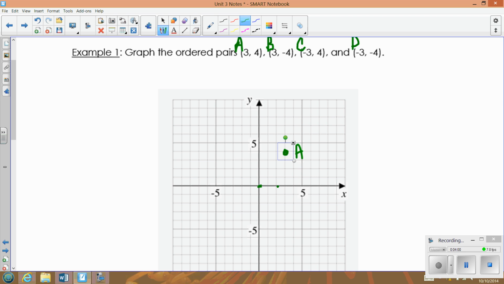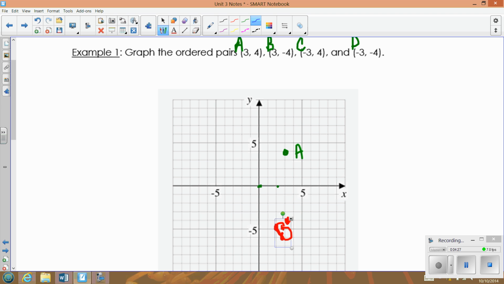Now I look at B. B is a positive 3, so I'm still going to go 3 units to the right from the origin, but it's a negative 4, so I'm going to go down 4. So 1, 2, 3, 4. And this is going to be my B coordinate.